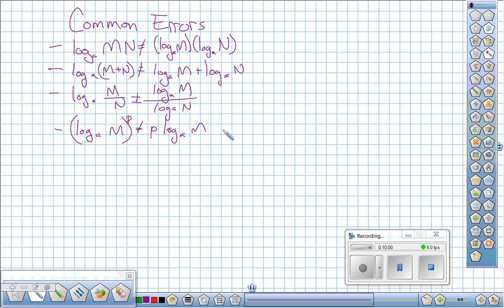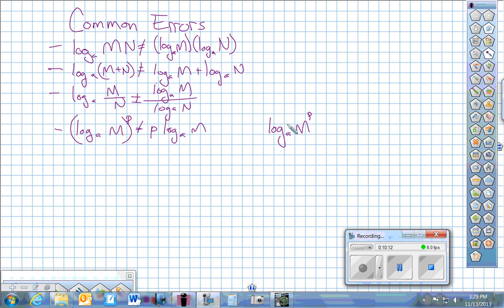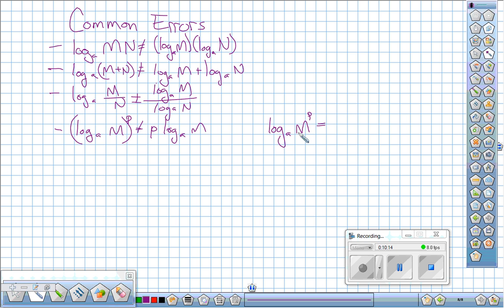The reason why this one is mistaken quite often is because log base a of m to the p does mean something close to that. The other ones are just getting the rules mixed up.